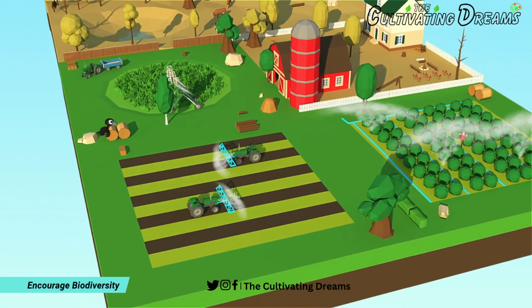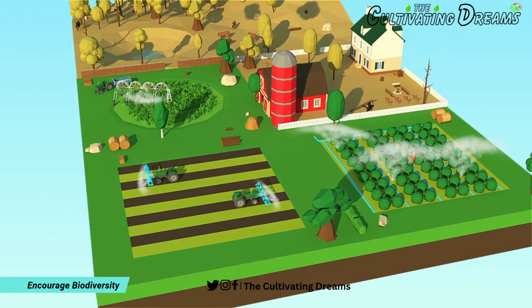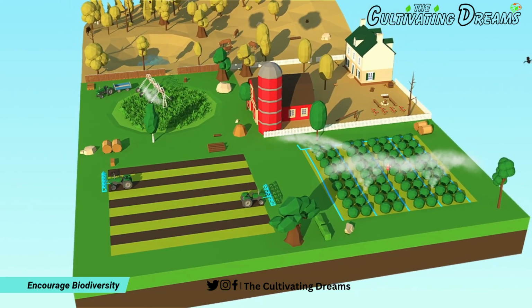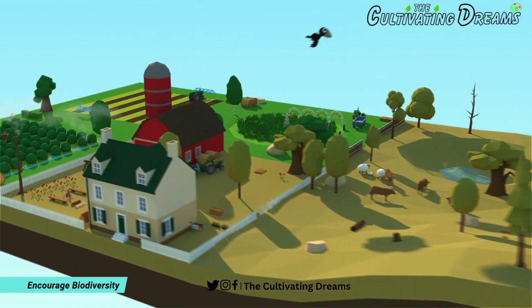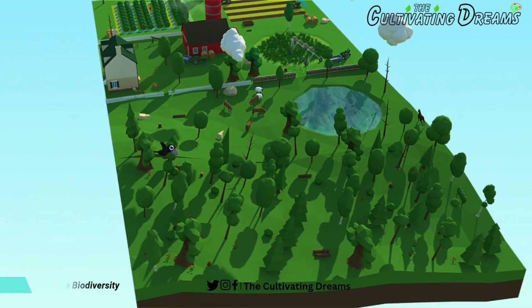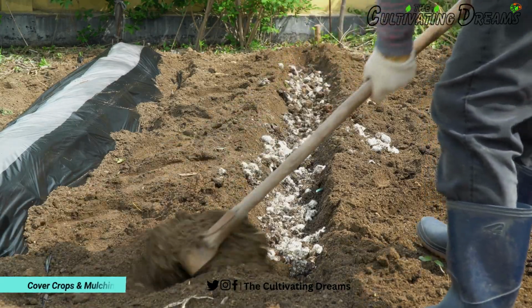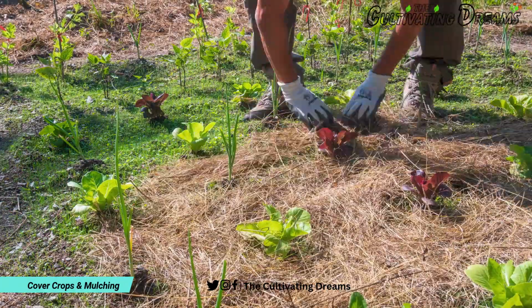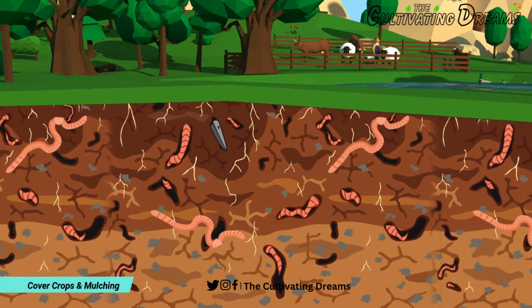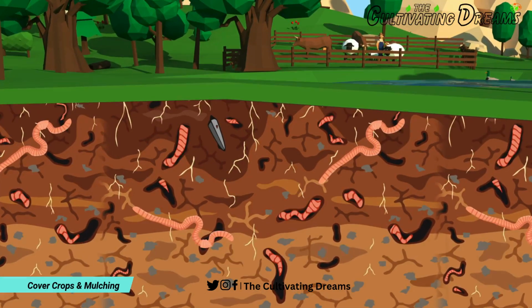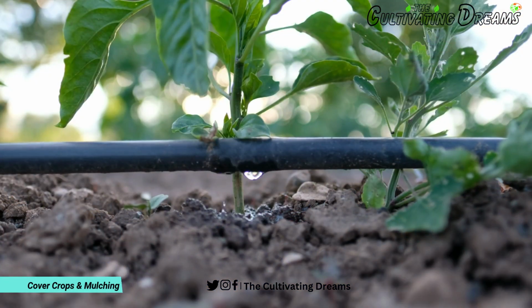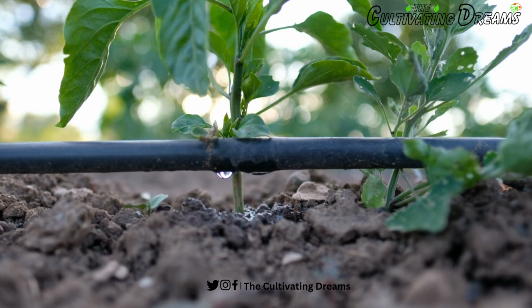This strategy minimizes the need for synthetic inputs by encouraging diversified landscapes with a wide variety of plant species, insects, and wildlife. To protect the soil, regenerative farmers use cover crops and organic mulch. These procedures support a rich habitat for beneficial creatures, the reduction of erosion, and the preservation of moisture.